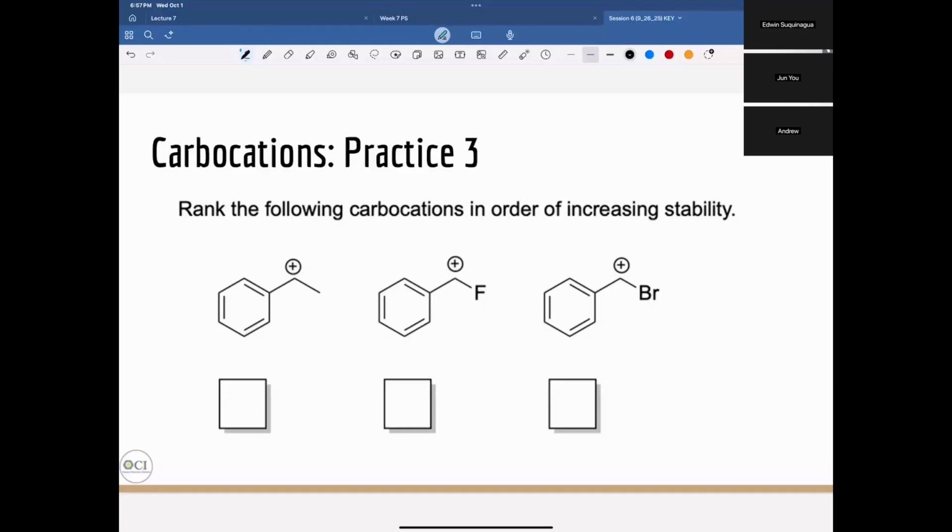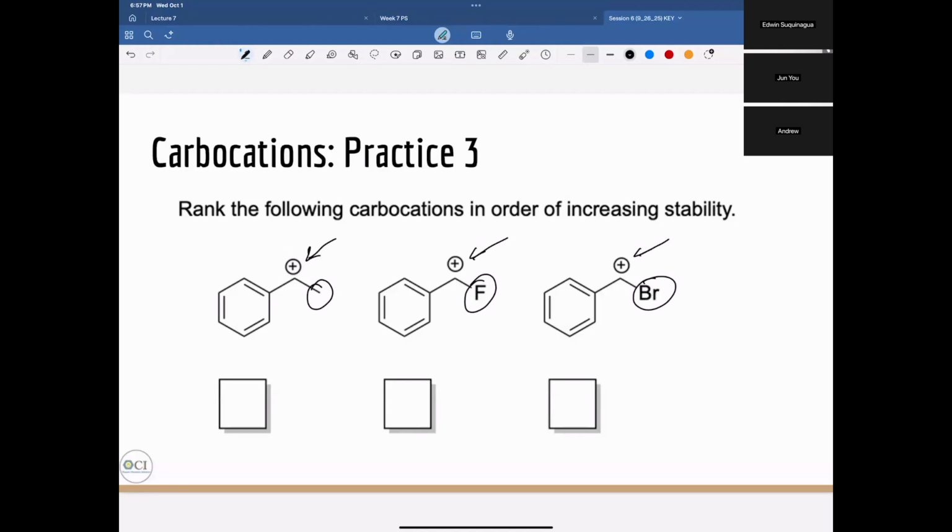Whatever. We see that we have these carbocations here, and this carbocation is bonded to a carbon group. This one's bonded to a fluorine group, and this one's bonded to a bromine group. That's the only difference between these three molecules.